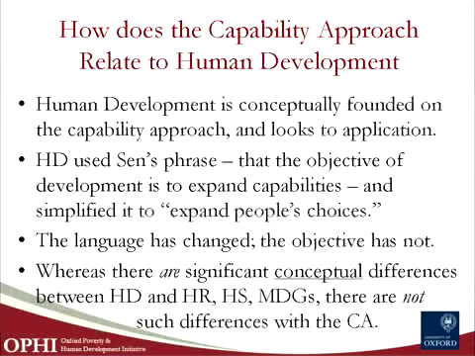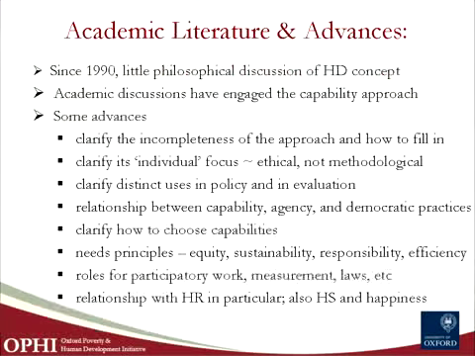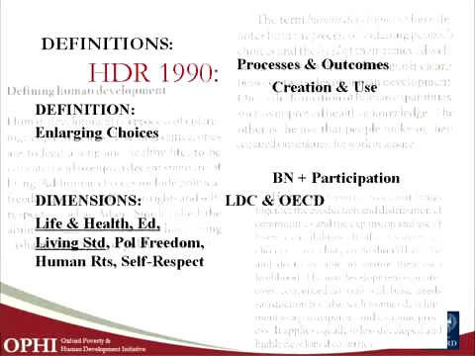I'm going to skip this, but this was the 1990 definition where human development is a process of enlarging people's choices. They mentioned three dimensions that are constituent of the HDI: health, education, and living standard, but also mentioned the importance of other dimensions that then could not be measured, such as political freedom, human rights, and self-respect.